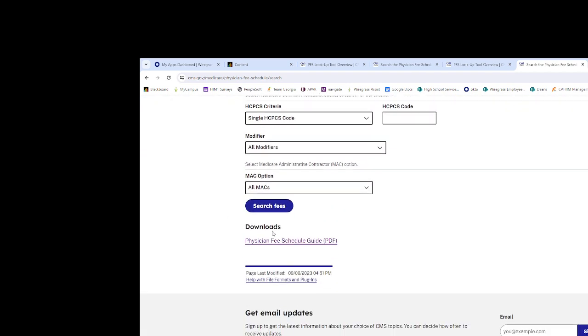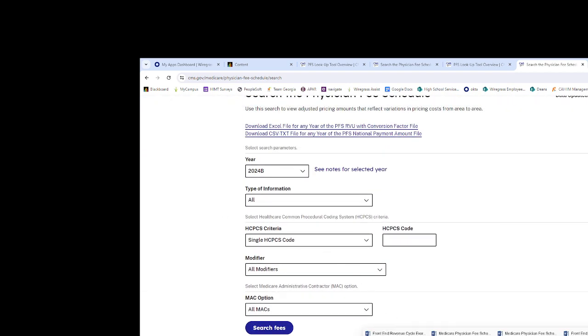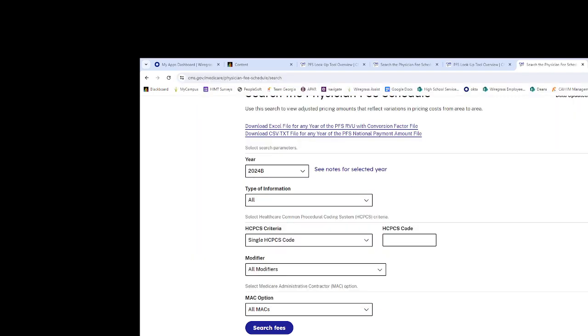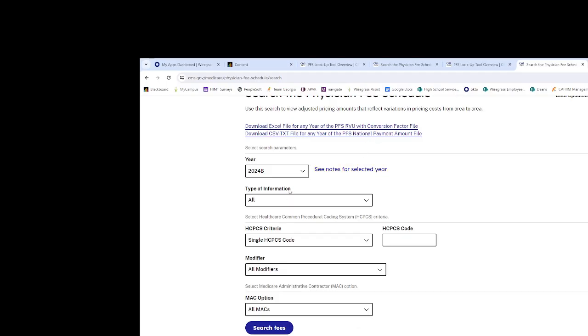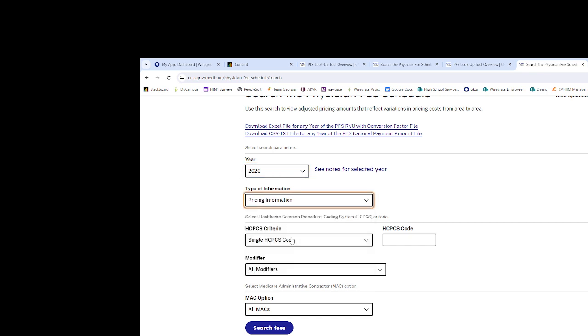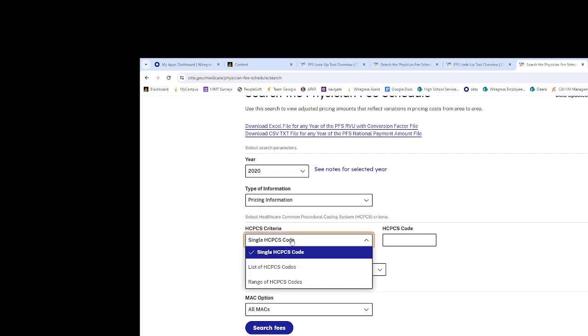Now, again, you have all these choices, so we have to look at our sheet and we have to make sure that we're following the directions. So it says we're going to select 2020. We're going to type in exactly word for word. We're going 2020. We want pricing information. We want single HCPCS code.